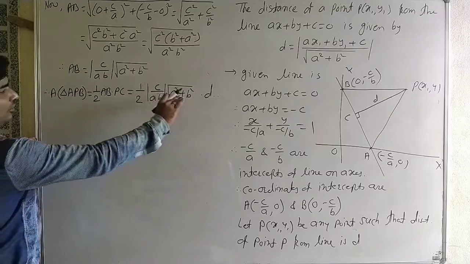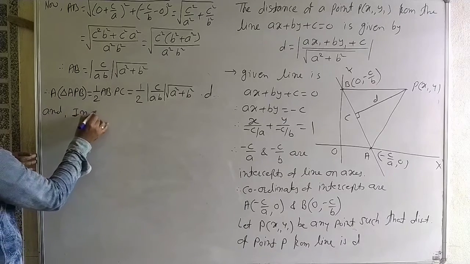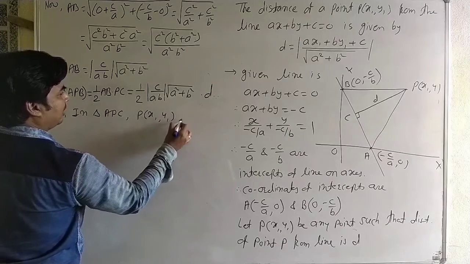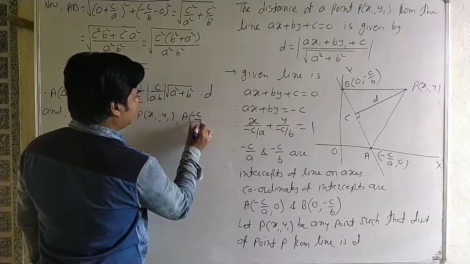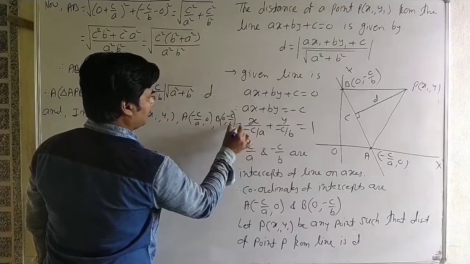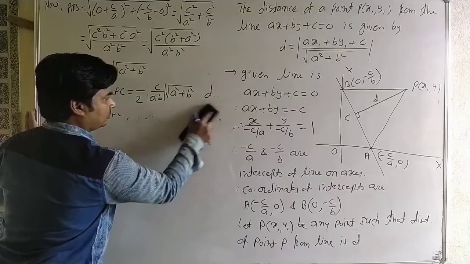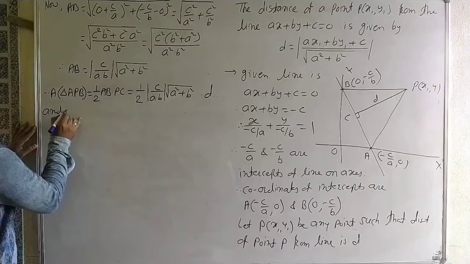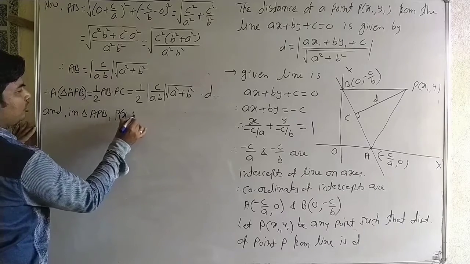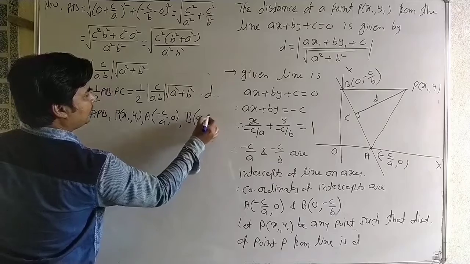Okay, here we can find area of triangle using the vertices, and in triangle APB, here P is x1 comma y1, A is minus C by A comma 0 and B is 0 comma minus C by B. Okay, here are the three vertices.